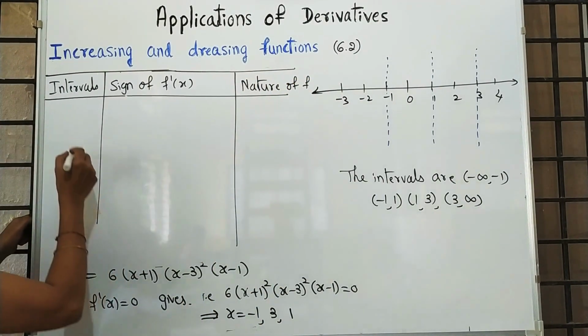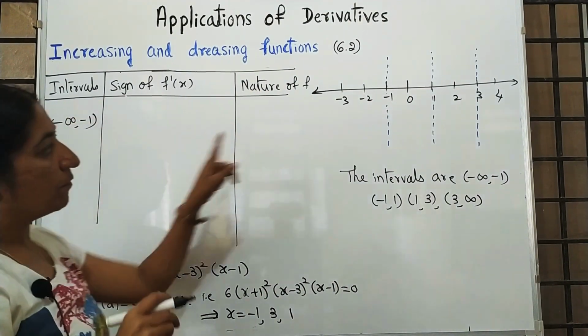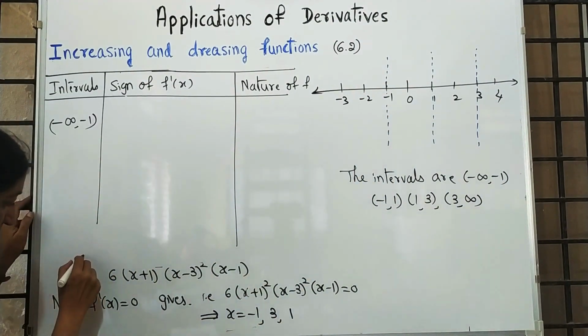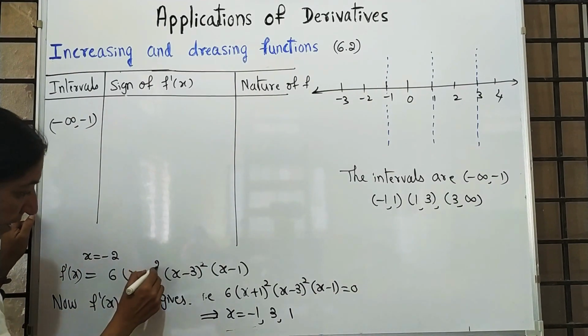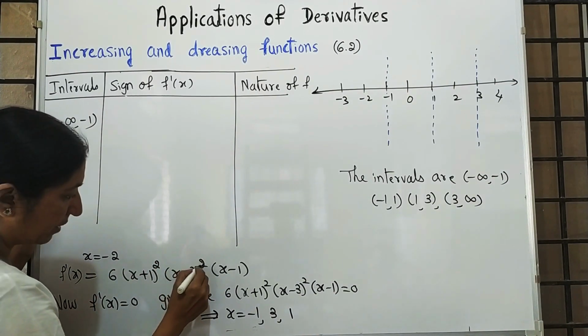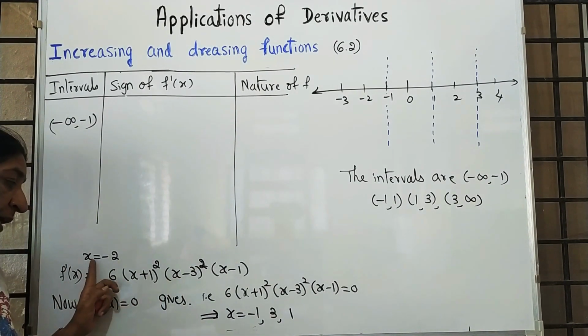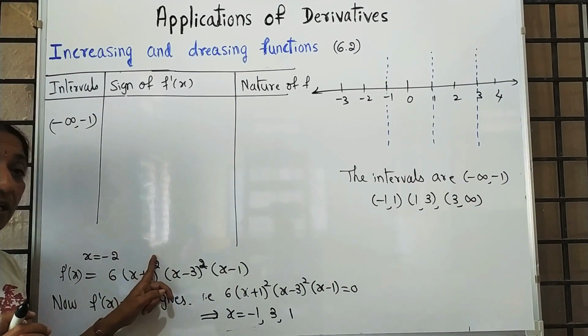First interval is what? Minus infinity to minus 1. Take minus 2 here. If you take x as minus 2, remember it is x plus 1 whole square, x minus 3 whole square. In the first bracket, if you write minus 2, you get a negative value, but square gives you what?